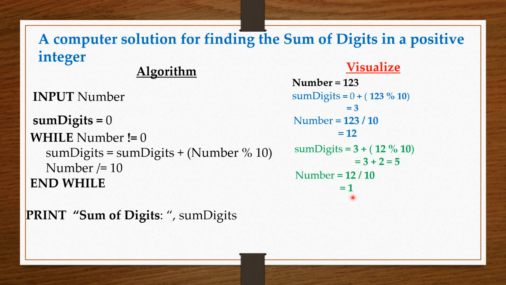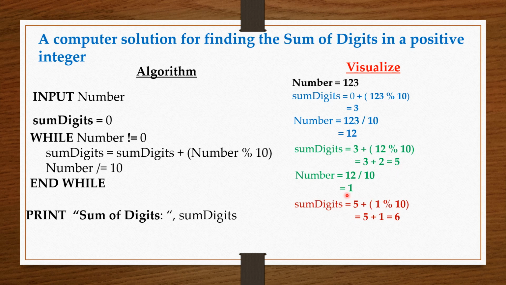Since the number is 1, the condition to enter the while loop is that the number is not 0. Since 1 is not 0, we can enter the while loop for a third time and execute the block of code. So we say SumDigit equals SumDigit plus number modulus 10. So SumDigit equals 5, which is from the second loop, plus the number 1 modulus 10.